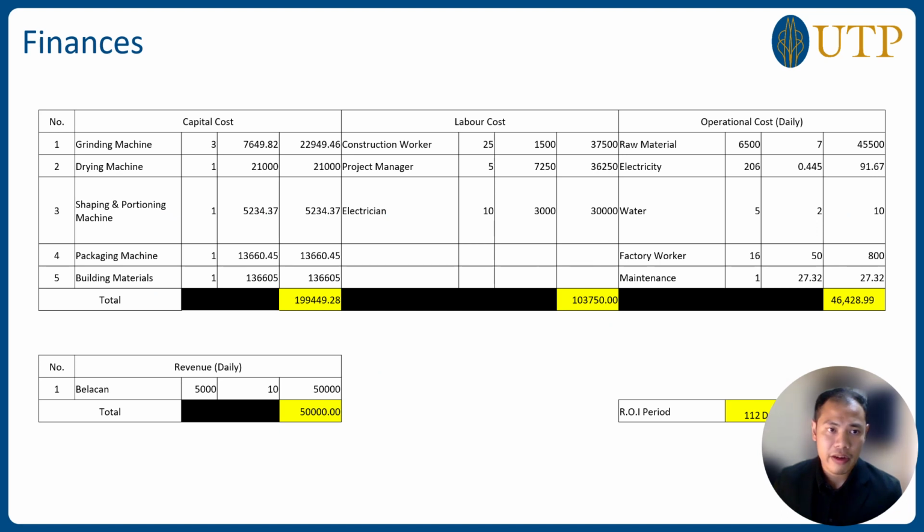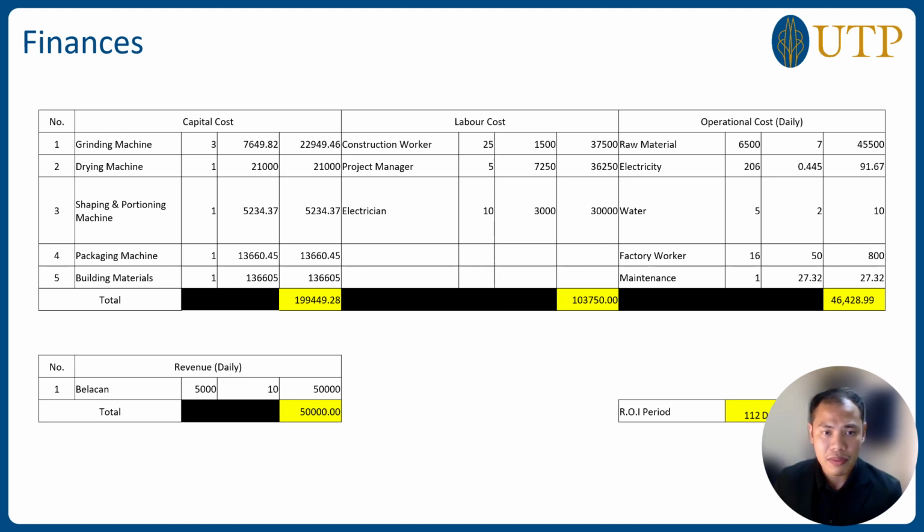Here is the breakdown of the finances for this project. The first is the capital cost. For the capital cost, we take into consideration the processes, which are the grinding machine, drying machine, shaping and portioning, packaging, and also the building of the facility to place all of the machines.